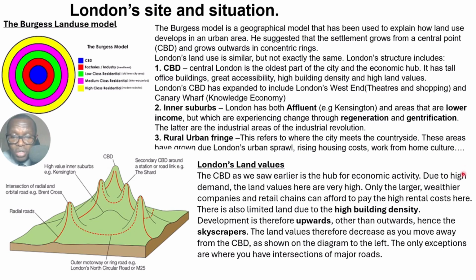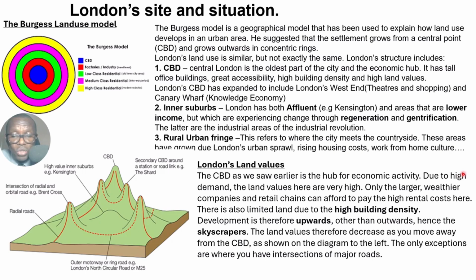Only the larger, wealthier companies and retail chains can afford to pay the high rental costs in the CBD. There's also a limited amount of land in the CBD. Like we said, there's a high building density, and therefore the development of the CBD is actually upwards other than outwards, and that's why you have skyscrapers.